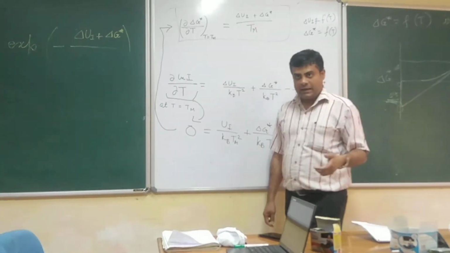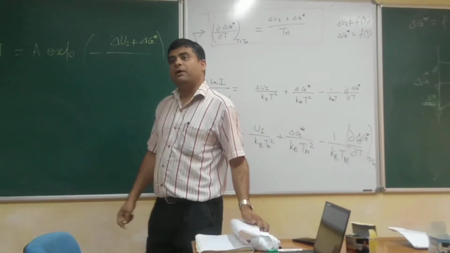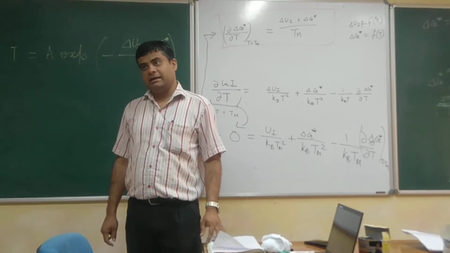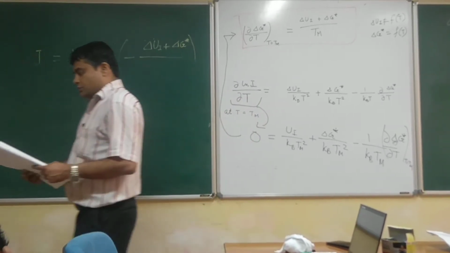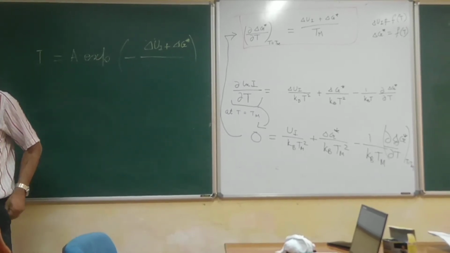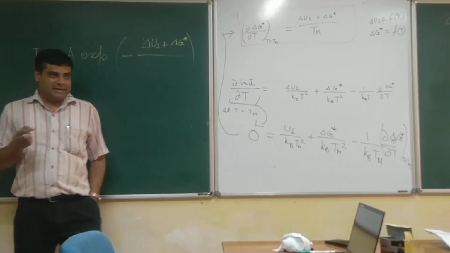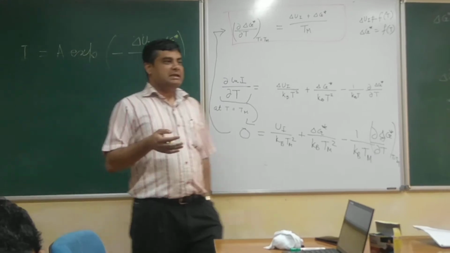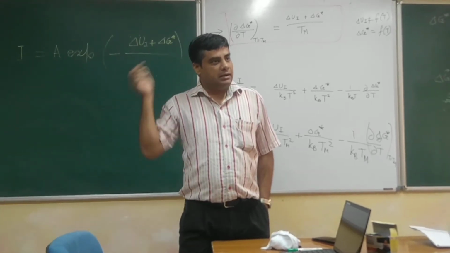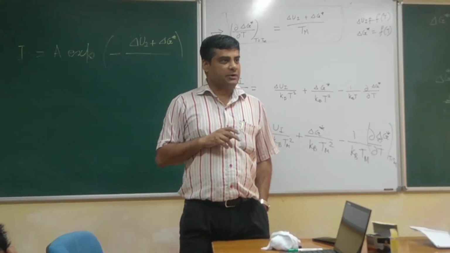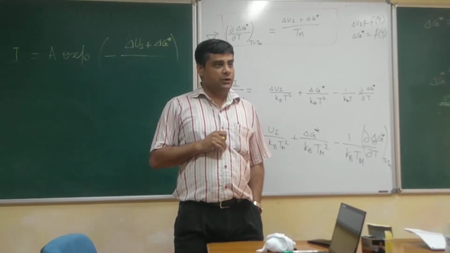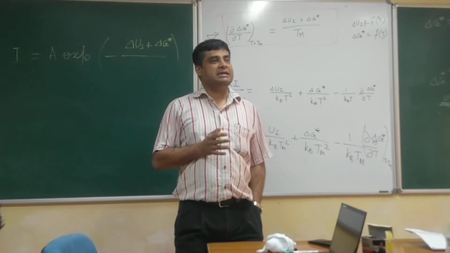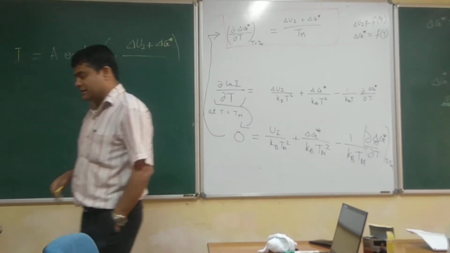The next graphical method I am going to talk about is how to find out delta G star and delta Ui. In the cases where your initial nucleation rate determines the transformation rate, for cases where growth rate is very fast, your overall transformation rate is equal to the initial nucleation rate.